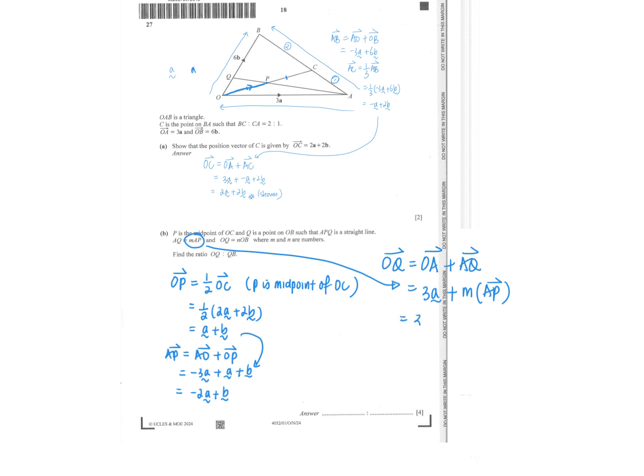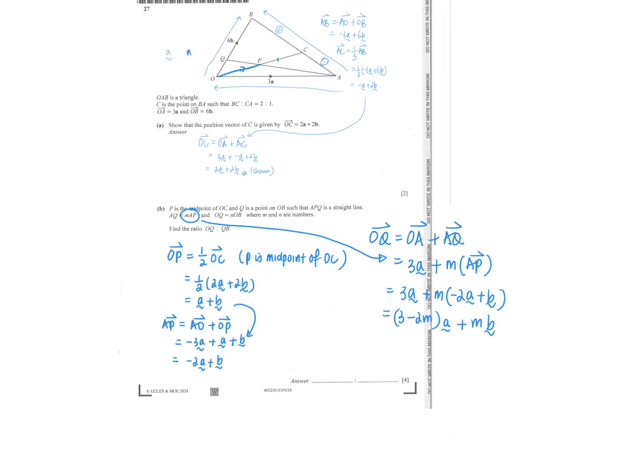We will let it be in terms of an unknown M. So this is what I have. If we simplify the M's together, I will get (3 minus 2M)A plus MB. It's quite clear that vectors and algebra are different, the one with braces, the one without. I just expand this one, then I group the A's together.